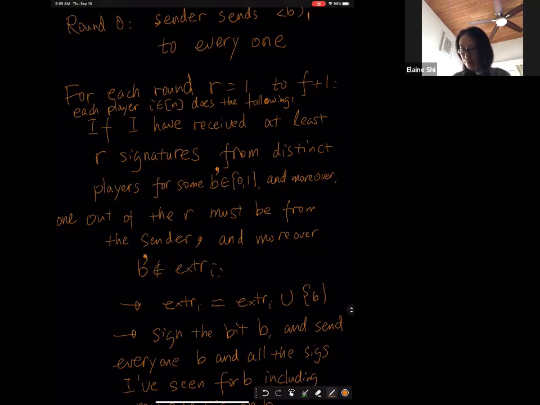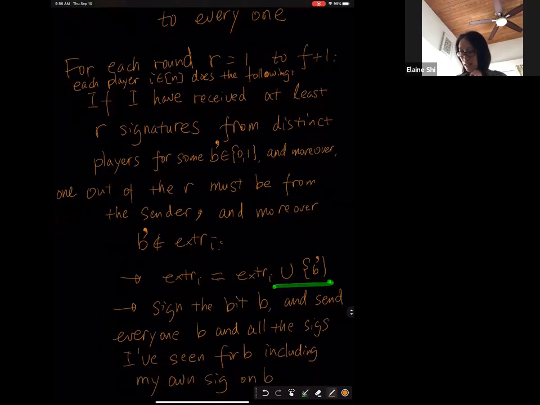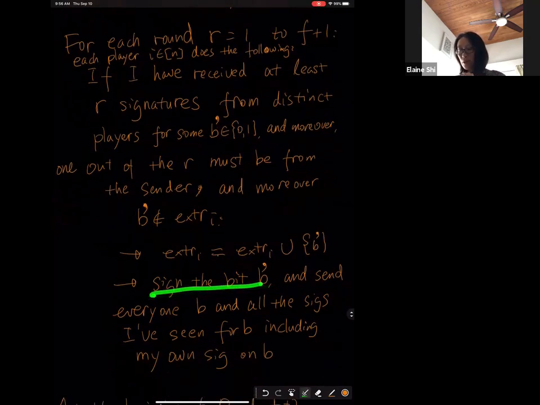If it's already in my extracted set, I don't have to do anything. But if B prime turns out not to be in my extracted set, the first thing I will do is add it to my extracted set. Then I will sign the bit B prime, and I will forward B prime, as well as all the signatures I've seen on B prime, and send all of this to everyone else.